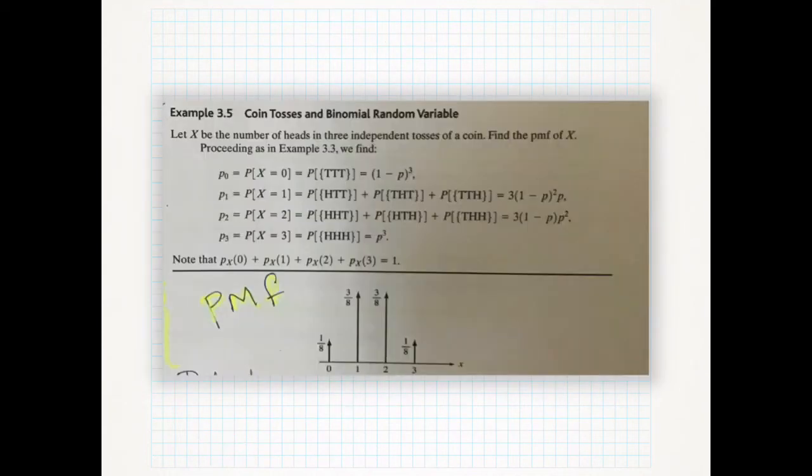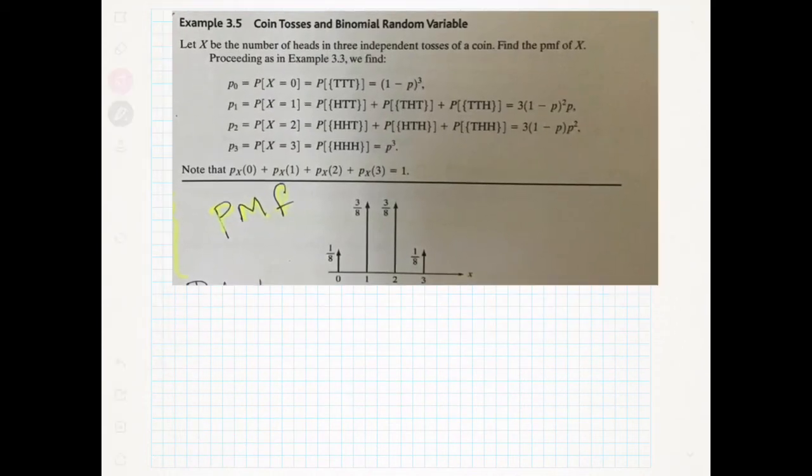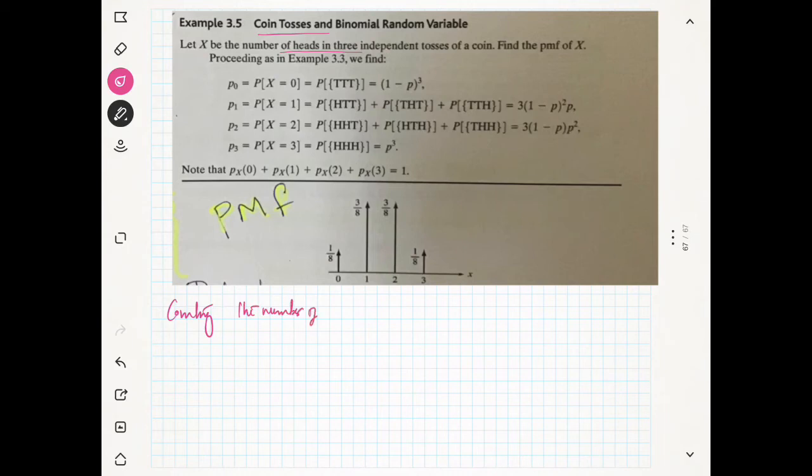Now we have example 3.5 from the textbook. You are tossing a coin 3 times and counting the number of heads. If you get all tails, then the random variable is 0.